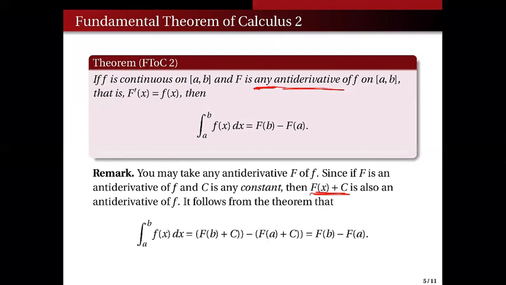Now, I would like to introduce this notation.